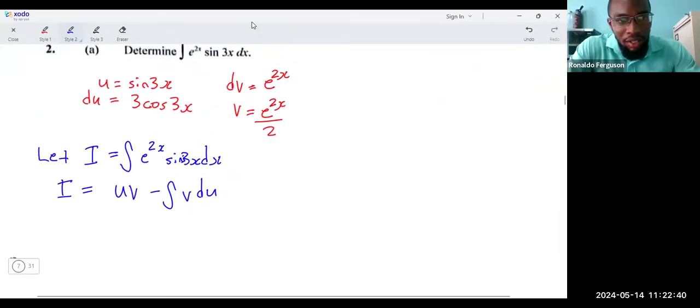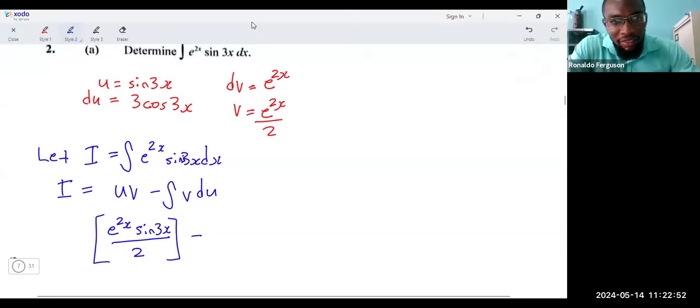So I equal now u times v is e to the 2x over 2 times sine 3x minus v du. V times du now is the integral of, this is now e to the 2x cos 3x.